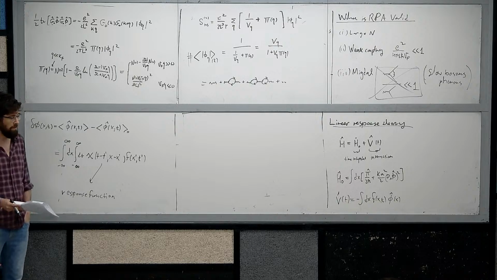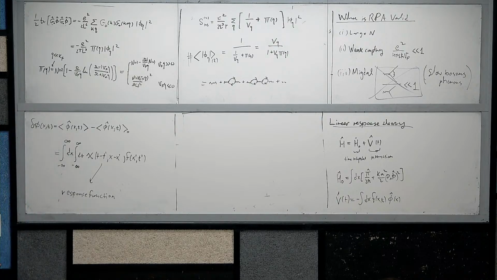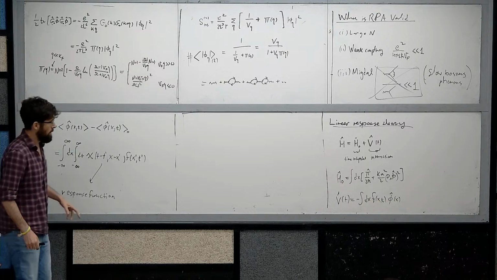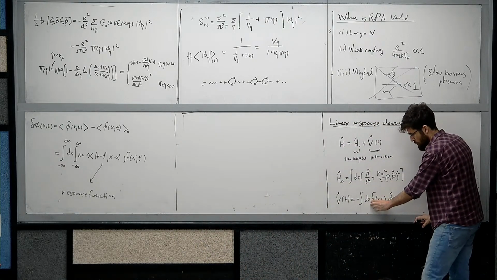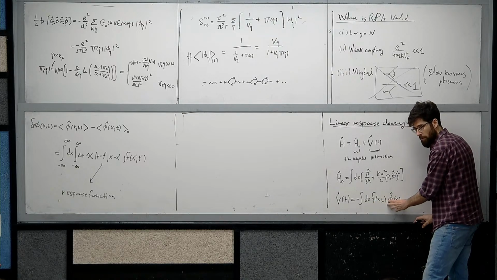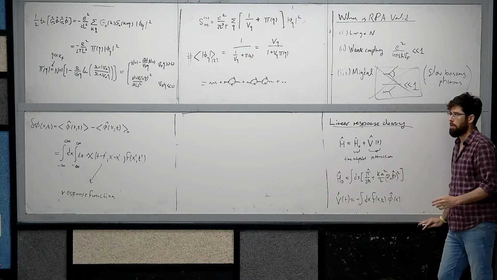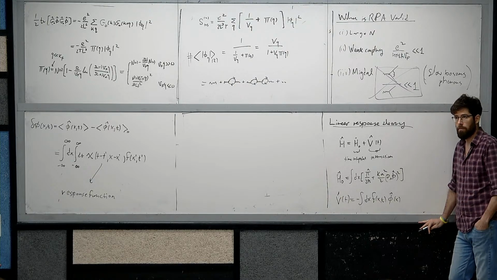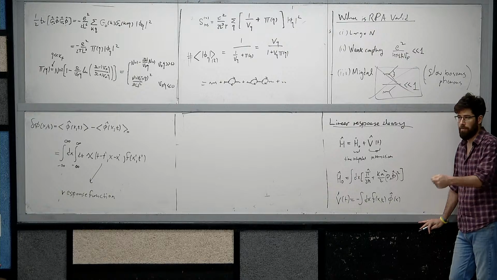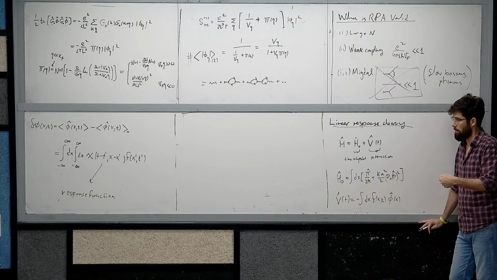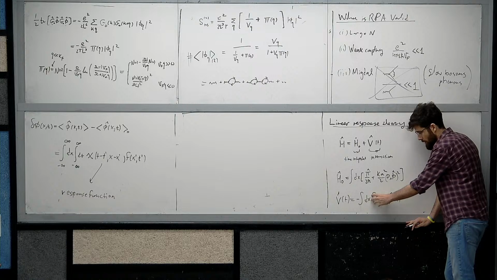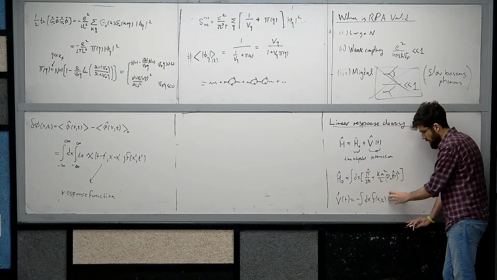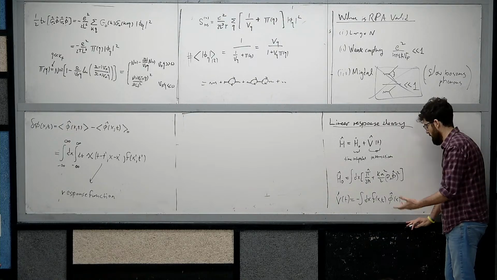And there are many, many probes that measure such a thing. If we're shooting light at the material, then this is a coupling between, say, the gauge field A and the current of the electrons. If we're driving a current, then this will be E, like an electric field or a voltage, and this will be, again, the electronic current.